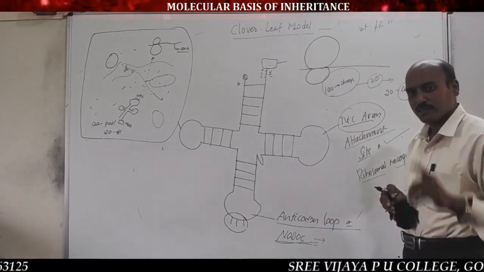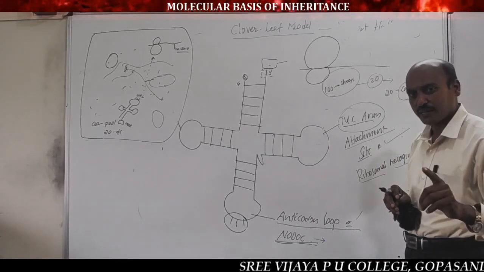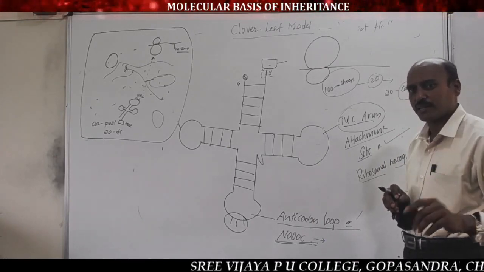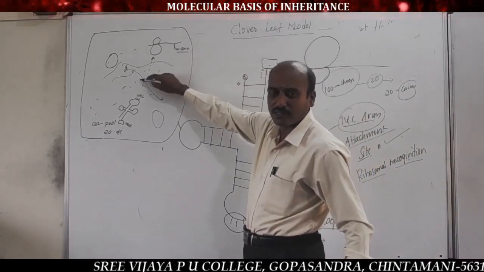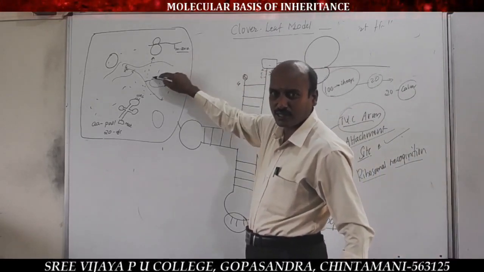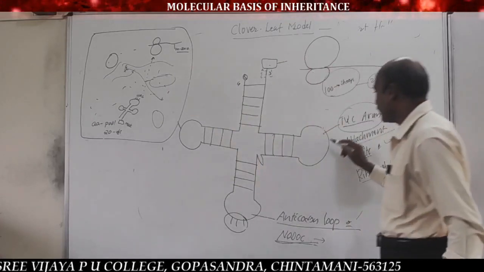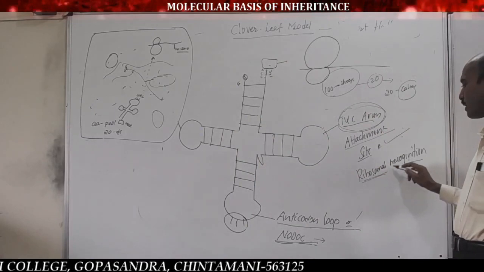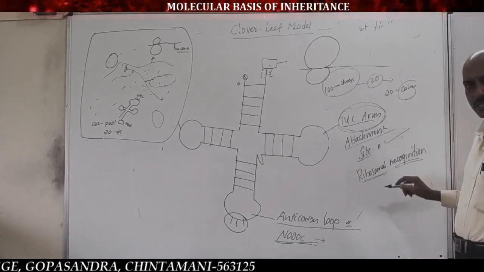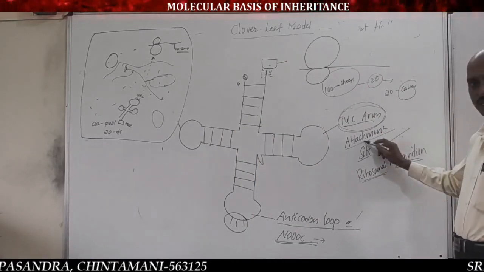Like that, the specific amino acid carrying tRNA identifies the ribosome among other cell organelles. That's why the T-psi loop is also called ribosomal recognition site or attachment site.